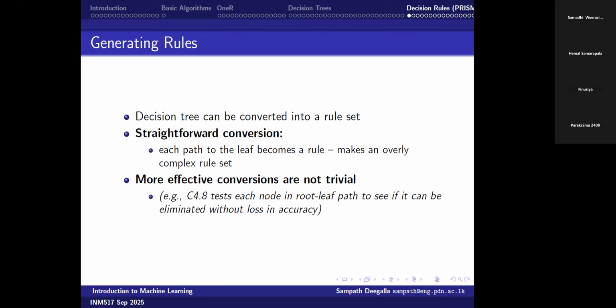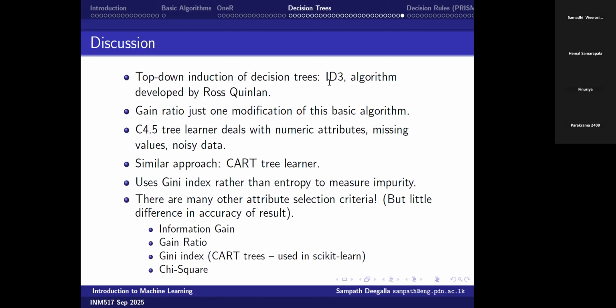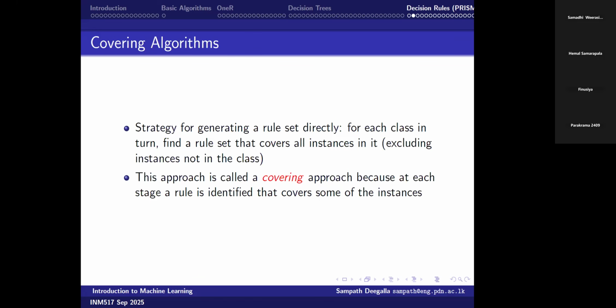But we can actually make it more efficient. We are going to see how to do this. Let's start looking at directly generating rules from data. We are going to use an algorithm called covering algorithms. What we are trying to do is generate rules directly.